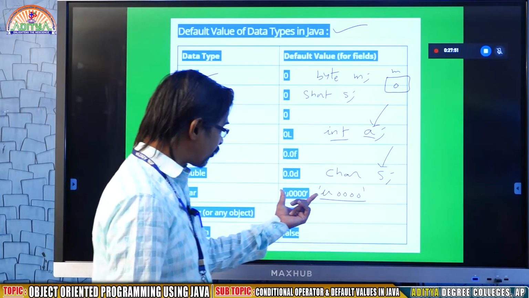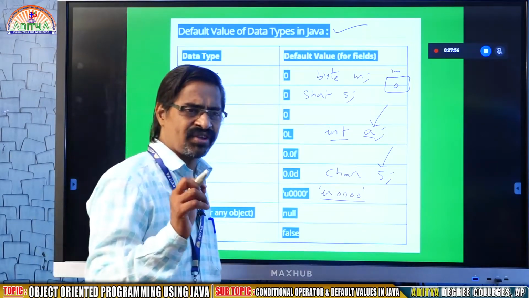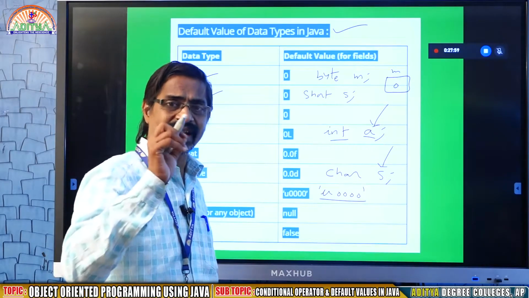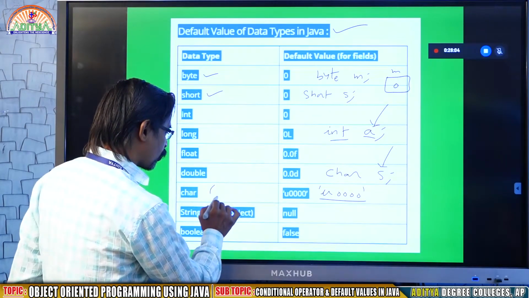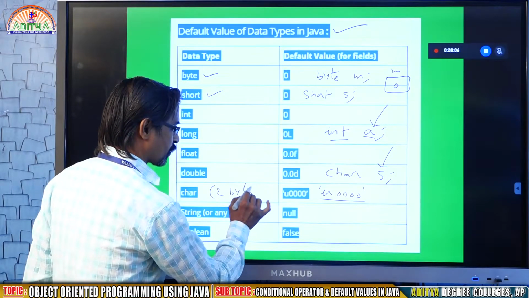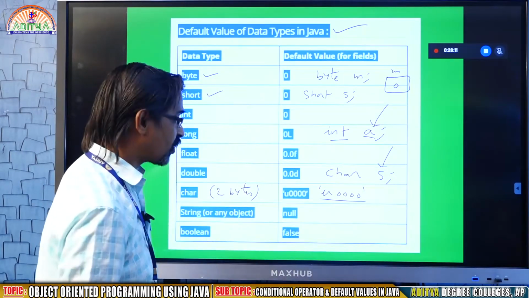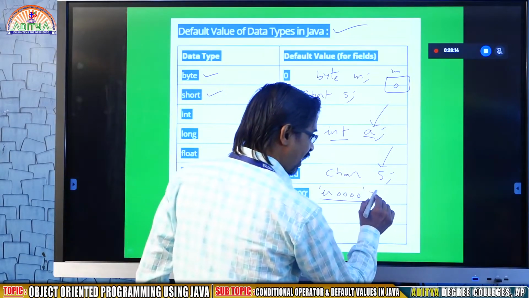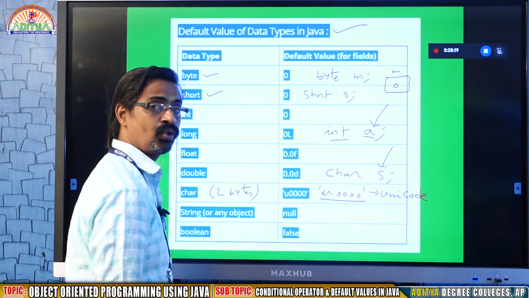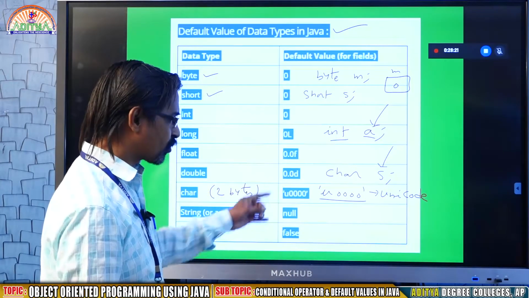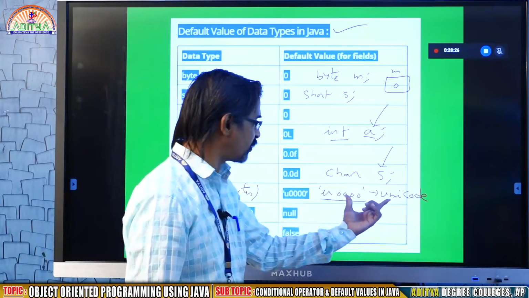Somehow it is difficult to decode this value, because the specialty of Java is the Java character. In C language, a character occupies 1 byte, but in Java, a character occupies 2 bytes. That is the difference. Why does it occupy 2 bytes? Because Java supports Unicode format, Universal code. That's why every character occupies 2 bytes. That is the concept of char.